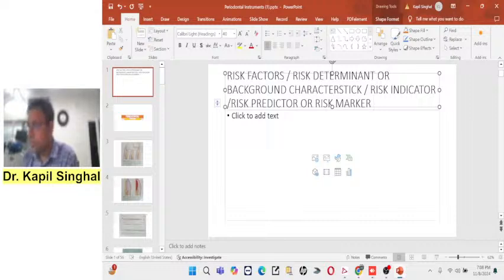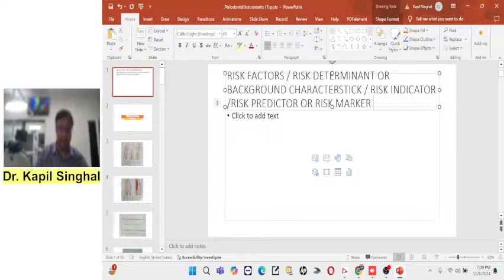Okay, the first thing is risk factor. So now, what is the definition of risk factor? It is seen that a lot of time the examiner directly asks an exam question about the definition of these factors.